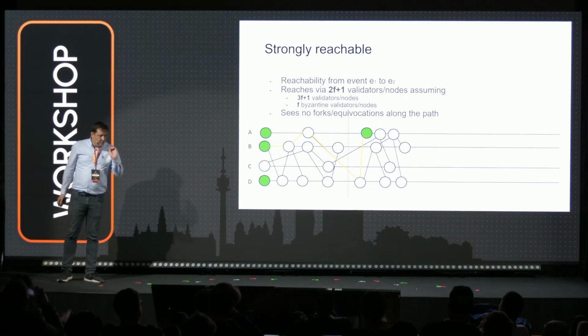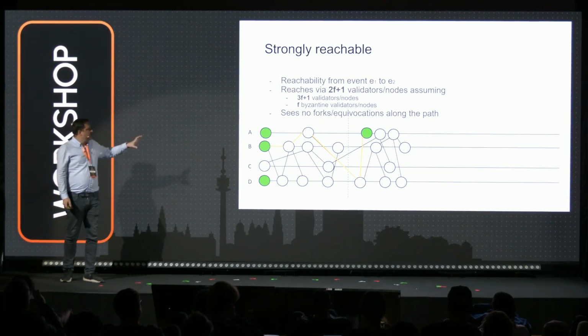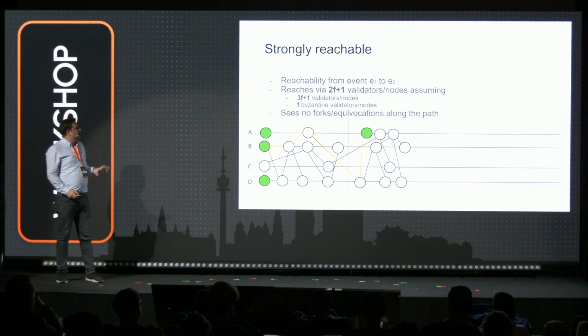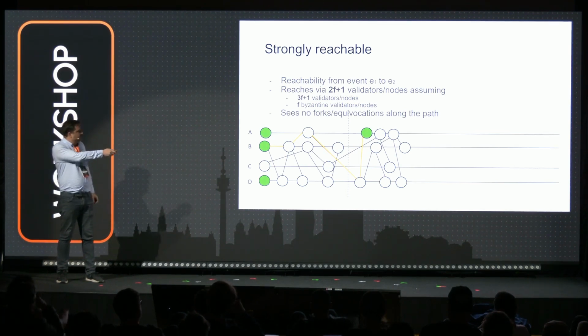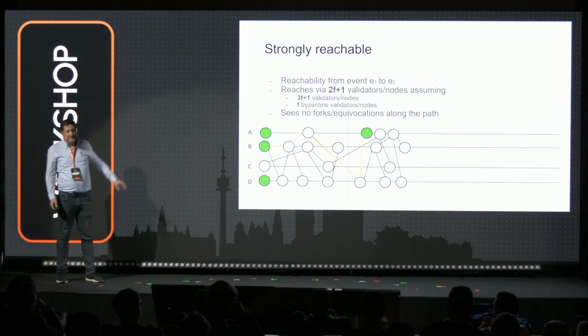So not to go too technical, but the main operation we have is what we call strongly reachable. And the idea is we go from one event. We initially have the first events as special, what we call base events.